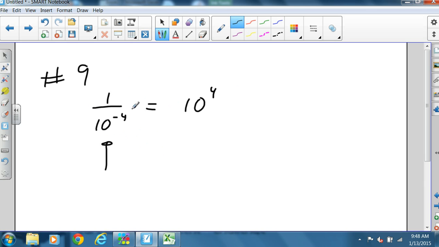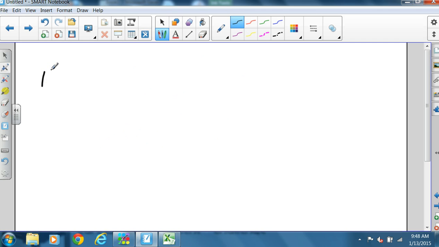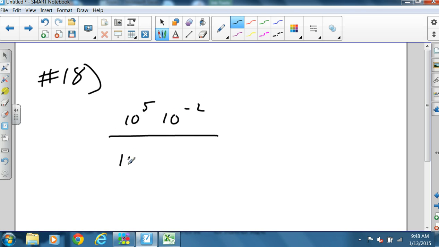Number 18. 10 to the 5th, 10 to the minus 2, 10 to the minus 6, 10 to the 3rd, 10 to the minus 4, all raised to the minus 3.